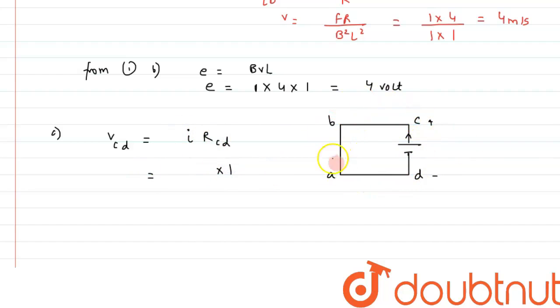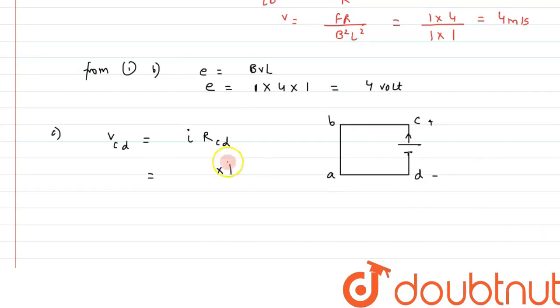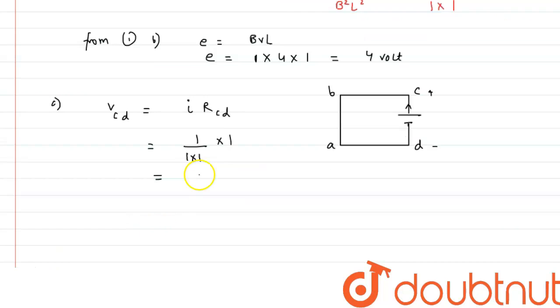Since the total resistance of the loop is 4 ohms, for CD it will be 1. And I we can calculate by using F by LB, that is 1 by L into B, that is 1 into 1. So this value comes out to 1 volt.